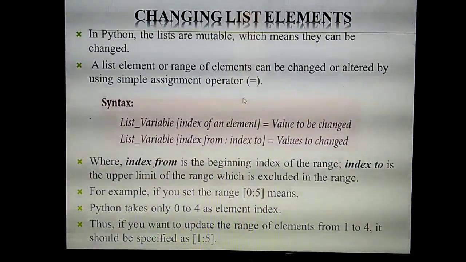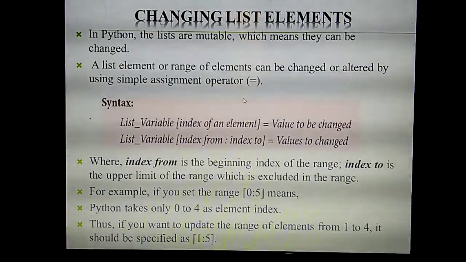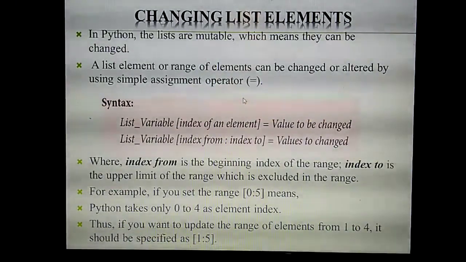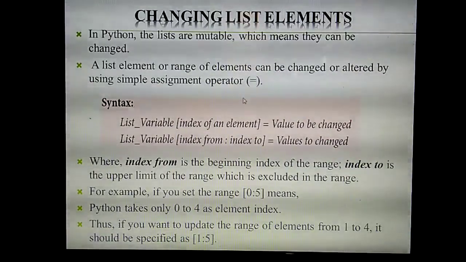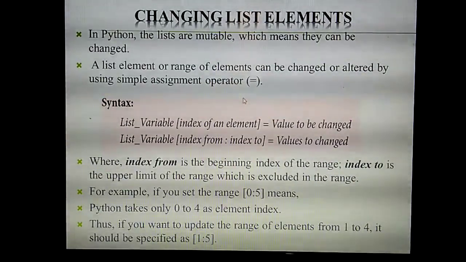Next, changing list elements. Already we have studied lists in Python are mutable, but strings in Python are immutable. What do you mean by mutable and immutable? Mutable means you can change the values. You can make additions, modify, add, delete, remove, insert, everything.